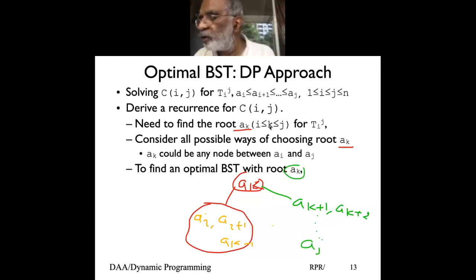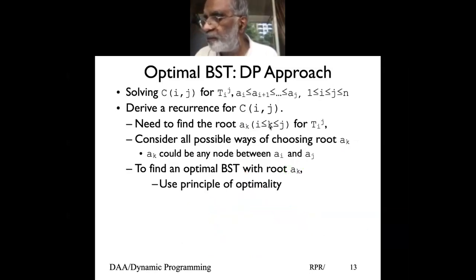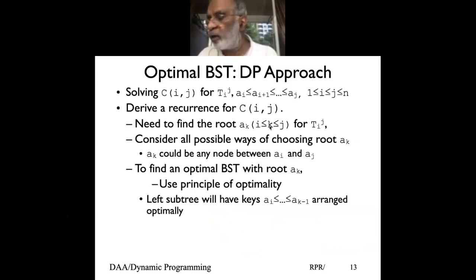If Ak is the root, Ak could be anything, then all the left descendants would have value less than Ak, and all the right descendants would have value greater than Ak. This is what a binary search tree gives me, and we'll make use of this to find our optimal binary search tree.